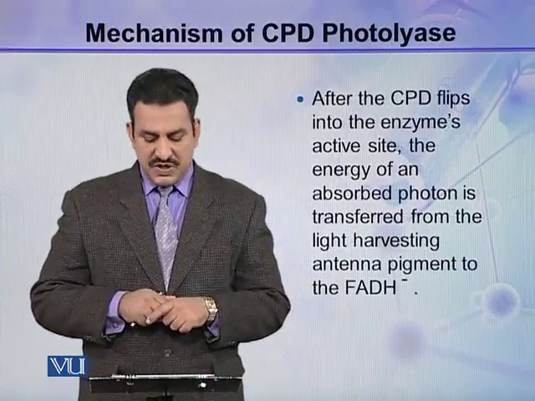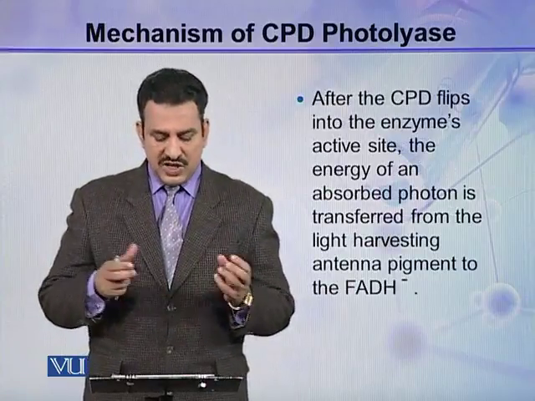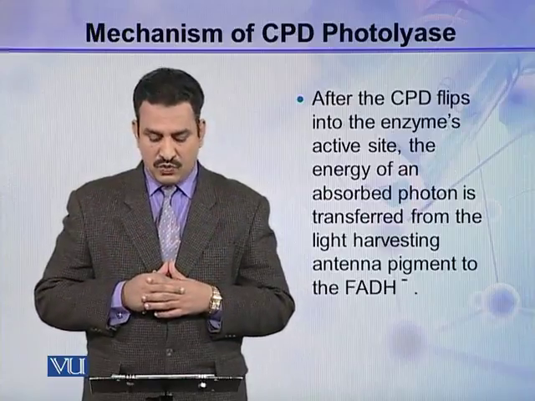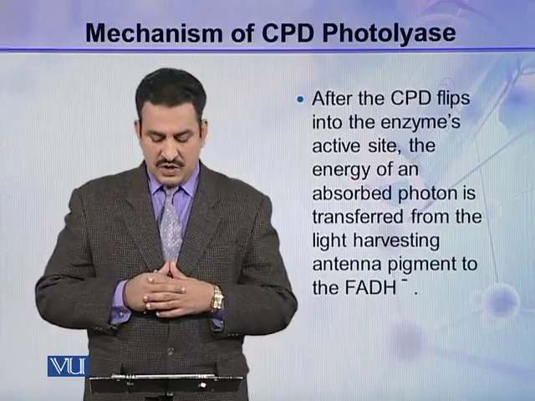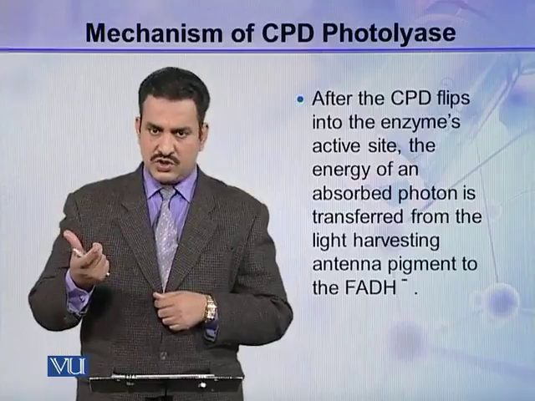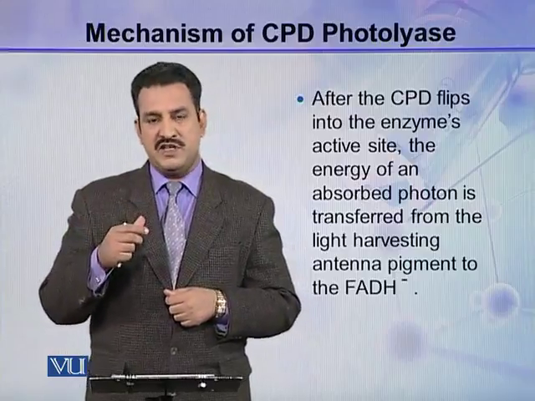After the CPD flips into the enzyme's active site, the energy of an absorbed photon is transferred from the light harvesting antenna pigment, that is the chromophore, to the FADH.